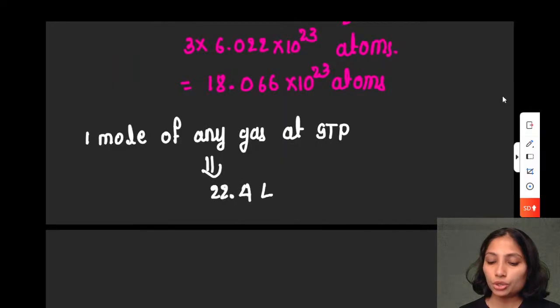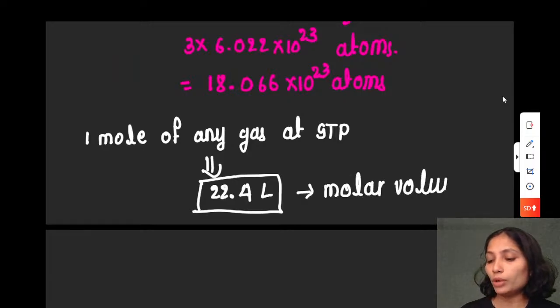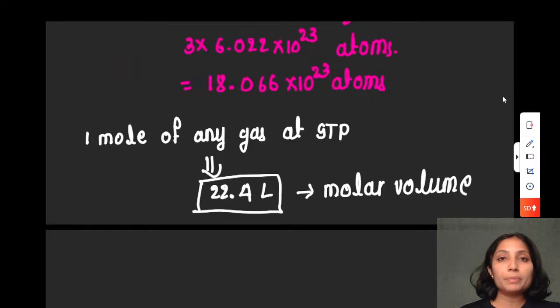How much? 22.4 liter. This is called molar volume. Whatever may be the molecule, whatever may be the gas, at STP, 1 mole of any gas occupies how much? 22.4 liter of volume.